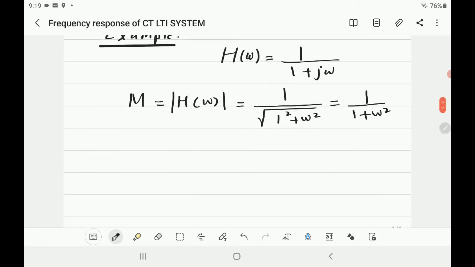What about the phase? The phase theta will be equal to the angle of the top minus the angle of the bottom. And since you have 1 in the top here, the angle is equal to 0 degrees. Minus the angle on the bottom, which is equal to tan inverse of the imaginary part divided by the real part, so minus tan inverse of omega.